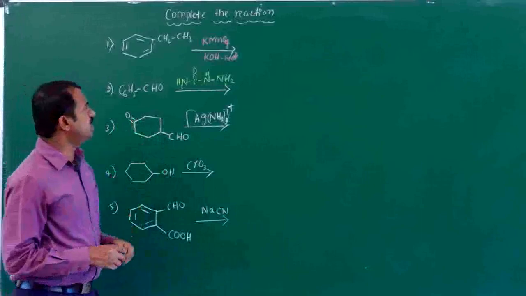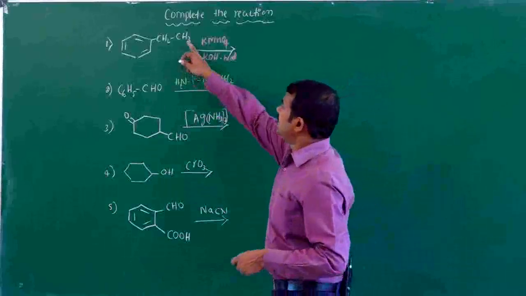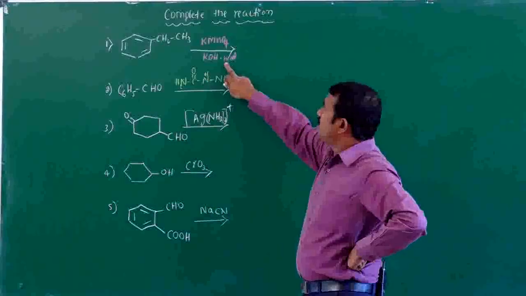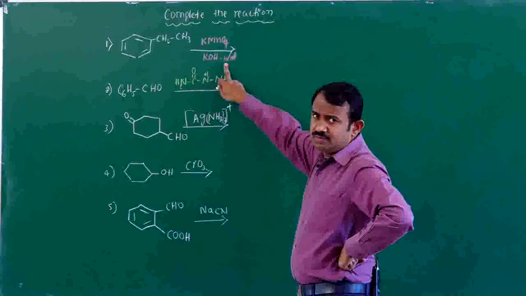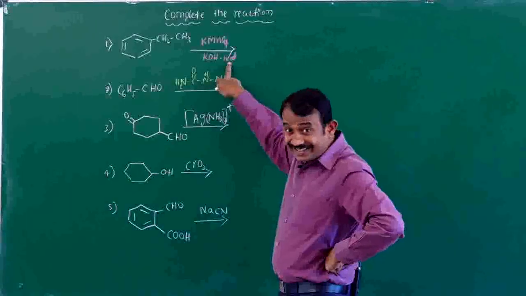Okay, some reactions, complete the reaction. Here ethyl benzene is oxidized with potassium permanganate in the presence of potassium hydroxide and heat.